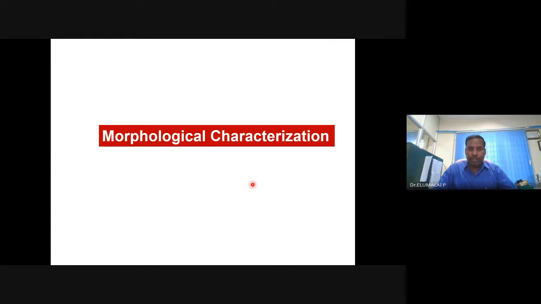What is the other kind of material we are talking about? Amorphous, non-crystalline. They will not show Bragg peaks because they don't have long range order, whereas crystalline materials do have long range order.